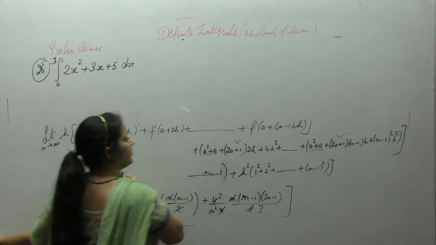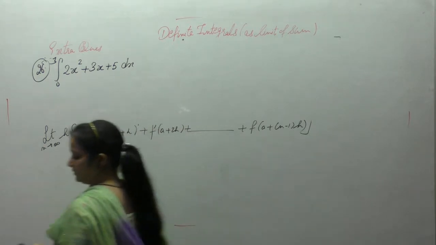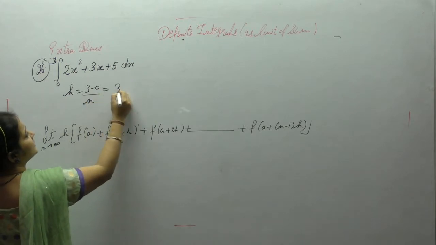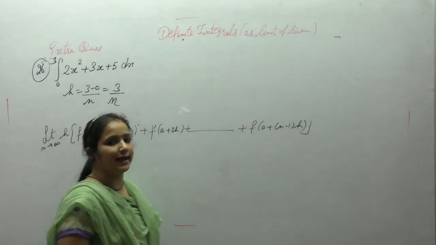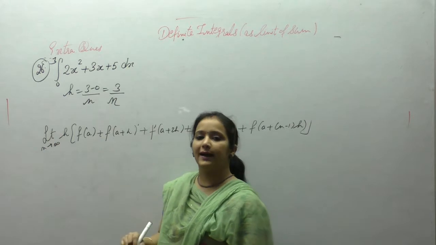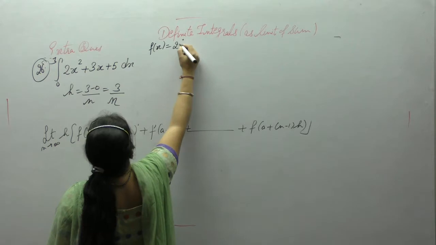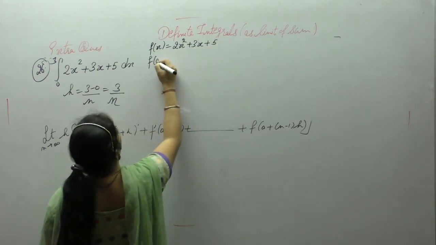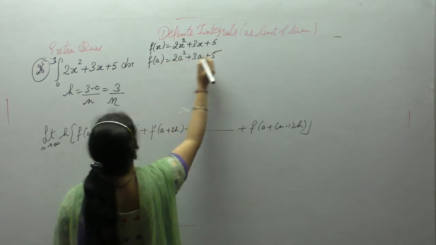What is the value of h here? Upper limit minus lower limit by n. Upper limit is 3 minus 0 by n, that is 3 by n. First we find the value of the function at a plus h, a plus 2h and so on up to a plus (n minus 1) into h. F of x is 2x square plus 3x plus 5. F of a is 2a square plus 3a plus 5.